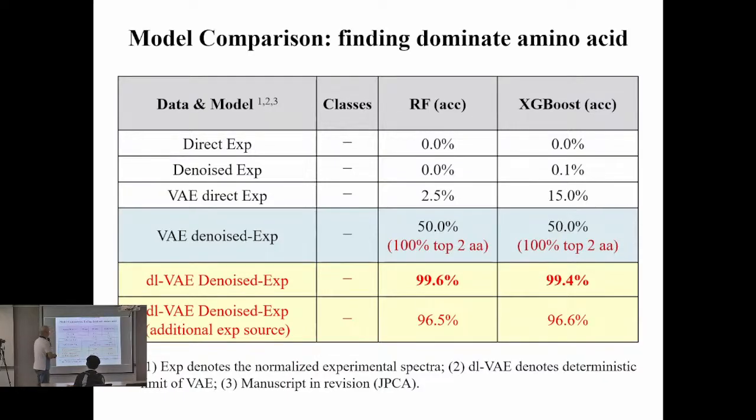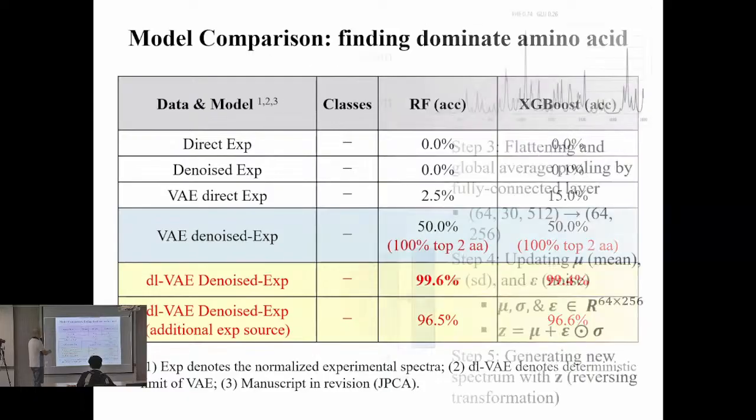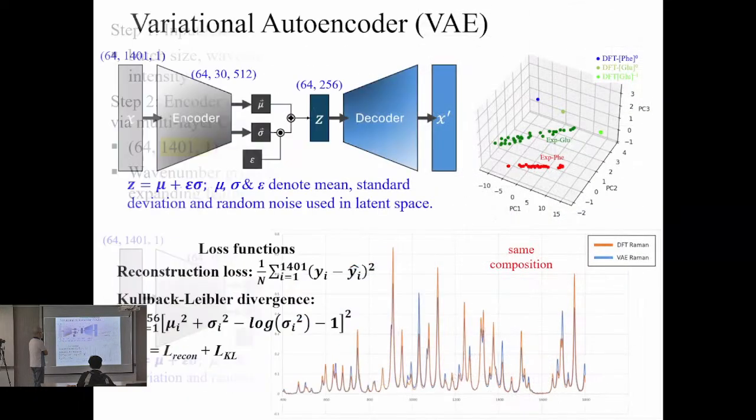Okay, if we just use random forest or another similar method called XGBoost, this is also a decision tree method, and you ask them to predict the experimental property, the accuracy is 0. It's too complicated to tell. Okay, so we need to denoise. The denoise involves two parts. Let me go back to the experimental.